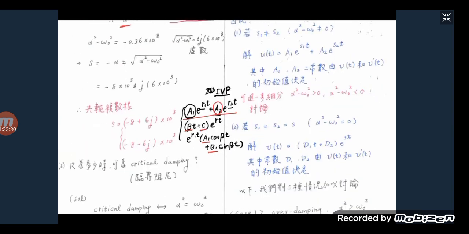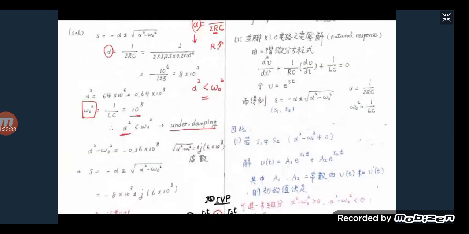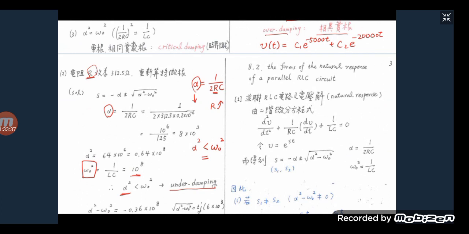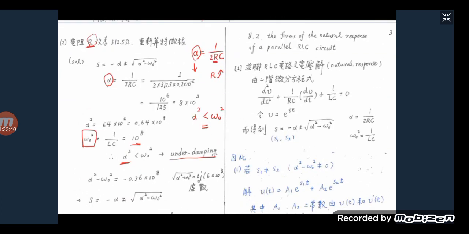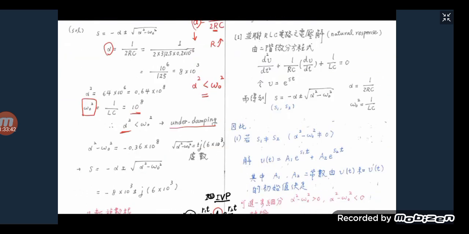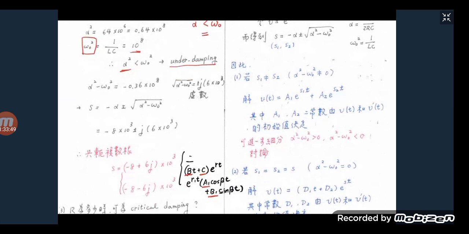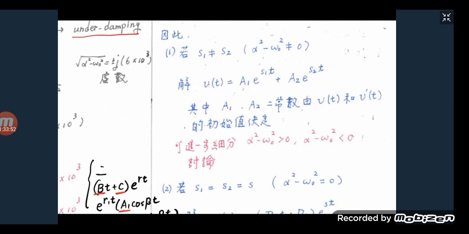Okay, so in section 8.1, we just talk about the three cases, and in 8.2 we will talk about the detailed solutions. So here you can see that, as we just said, if we have two distinct real roots, the general solution is then this one.